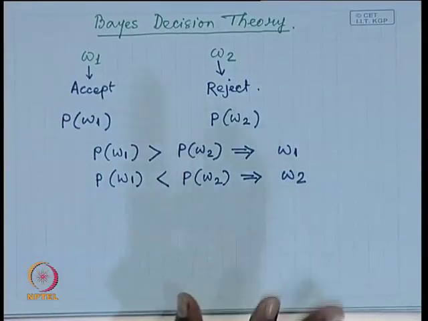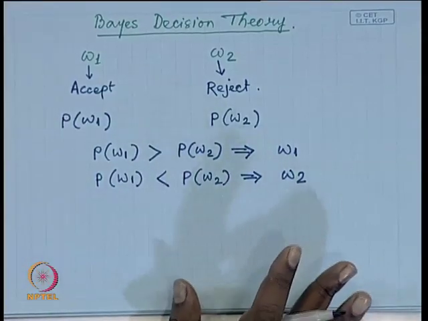So, here you find that though we have been able to form a decision rule, this decision rule is not really logical. The simple reason is, if from the history I have found that p of omega 1 is greater than p of omega 2, then for all the new coming objects, I will always decide in favor of omega 1, even if it should actually belong to class omega 2.